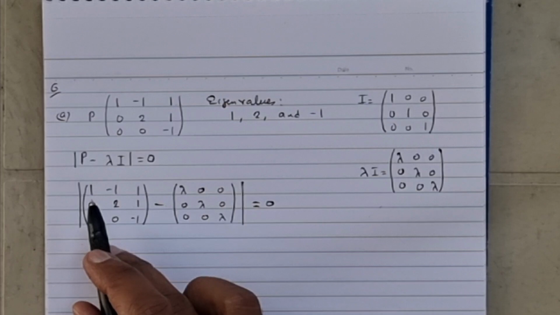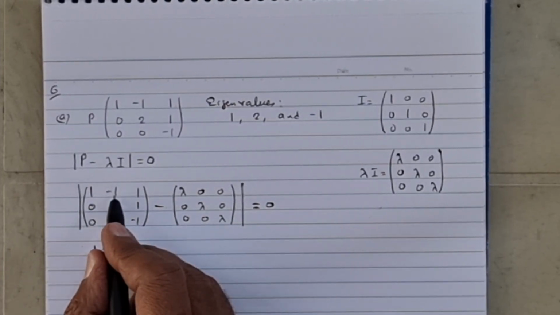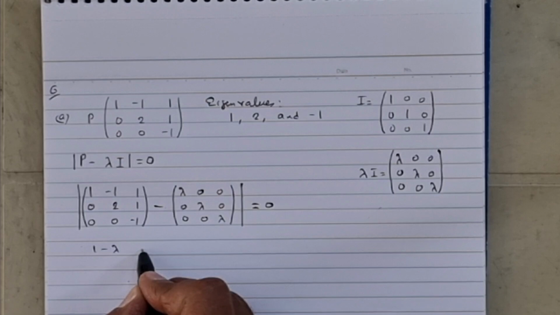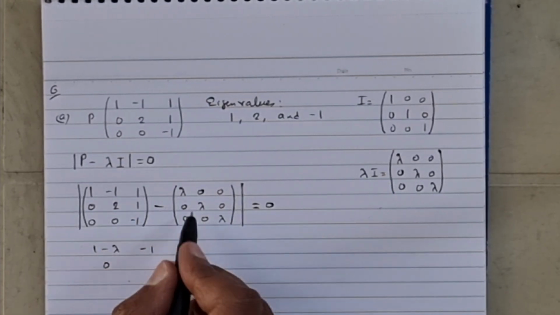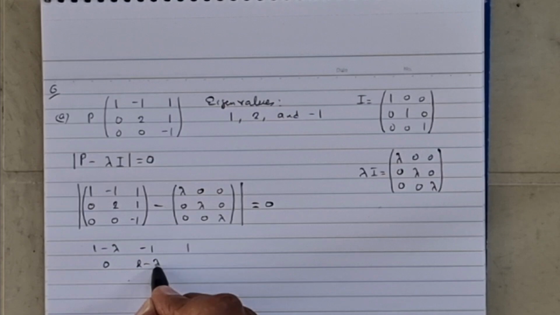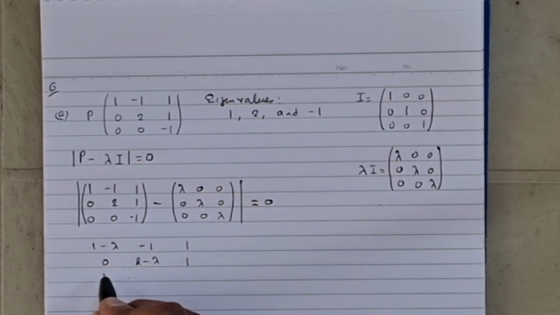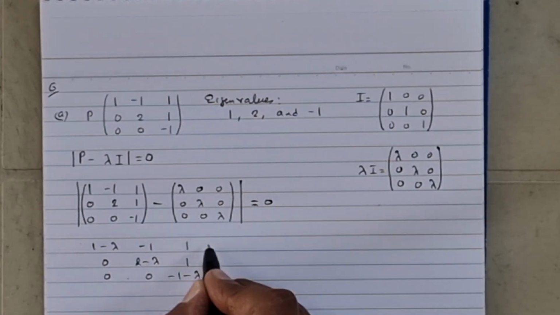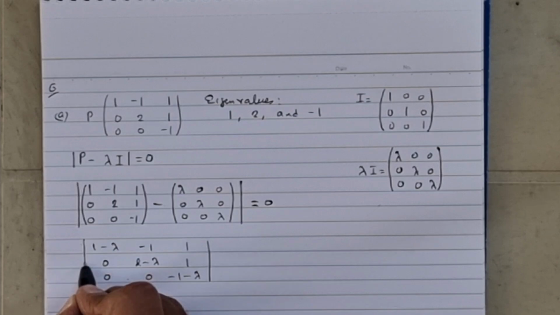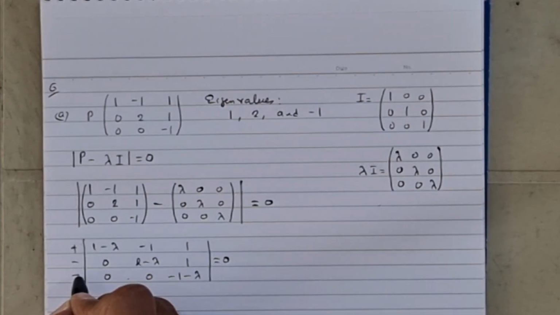So here we are: 1 minus lambda, then minus 1 minus 0, which is minus 1, and 1, 0. Then 2 minus lambda, and 1 minus 0 is 1, and I also get 0, 0, minus 1 minus lambda. Now this equates to 0, and the signs are plus, minus, plus.